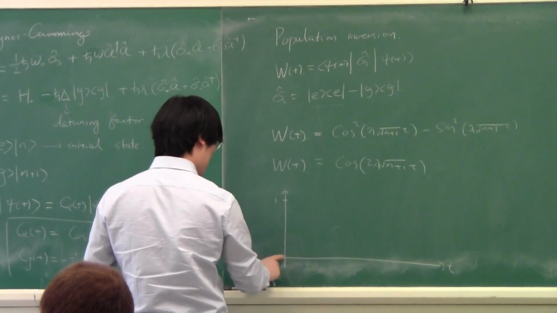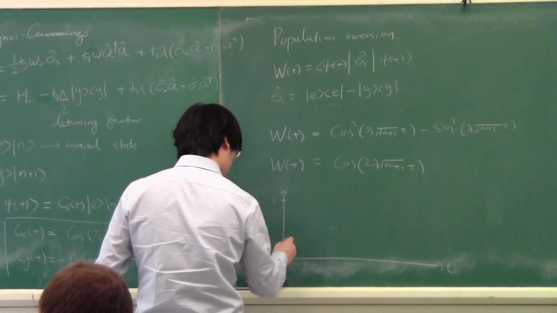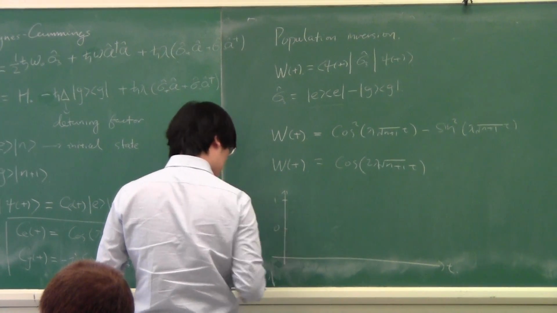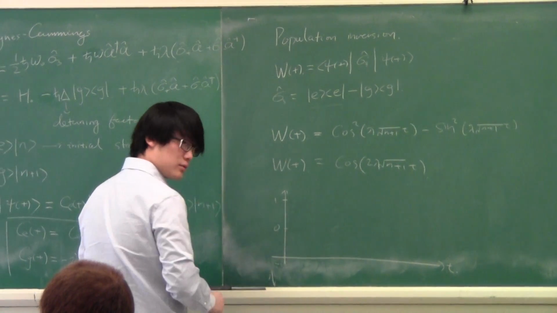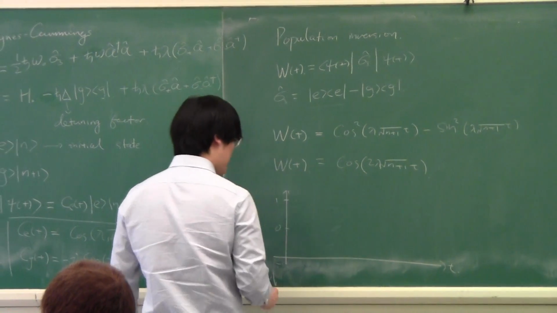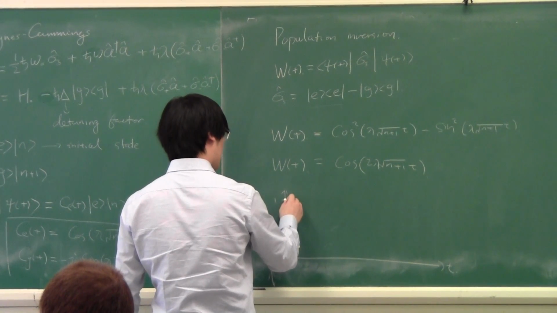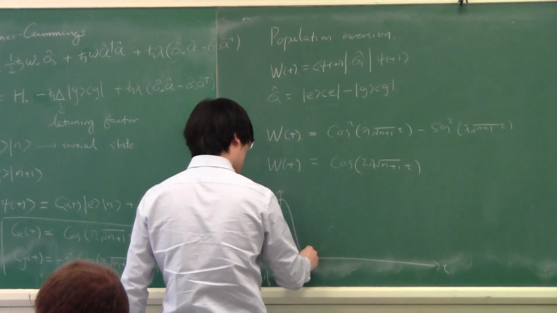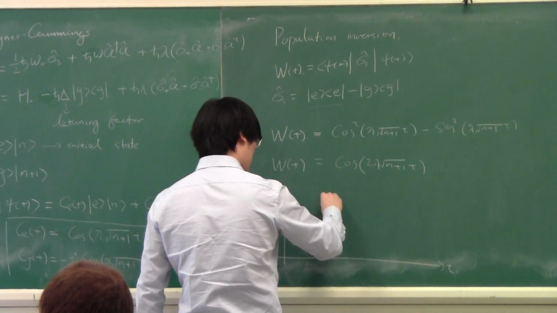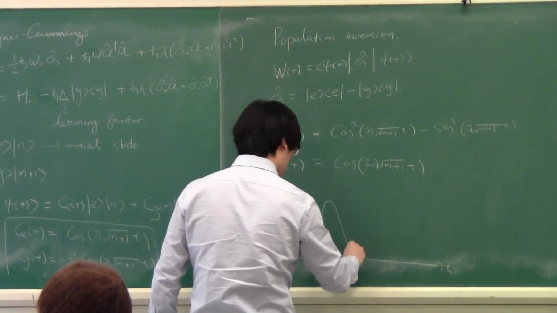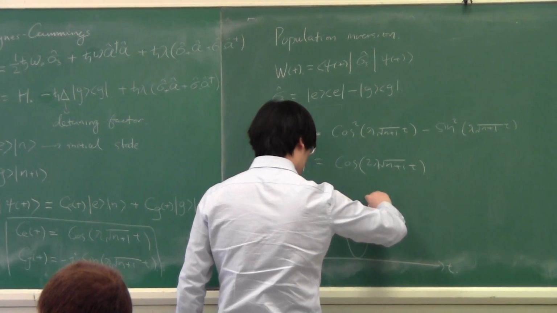Oh sorry, this should be minus 1. And I set the 0 to here, minus 1 to here. So if I started in the initial state, meaning the atom is excited, then I basically undergo this cosinusoidal oscillation.